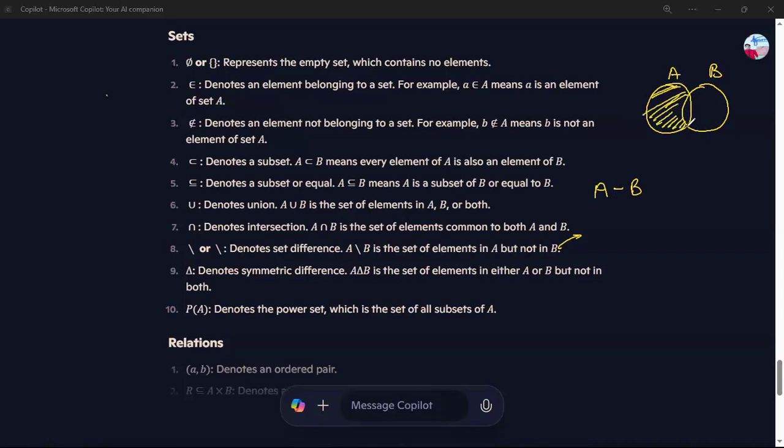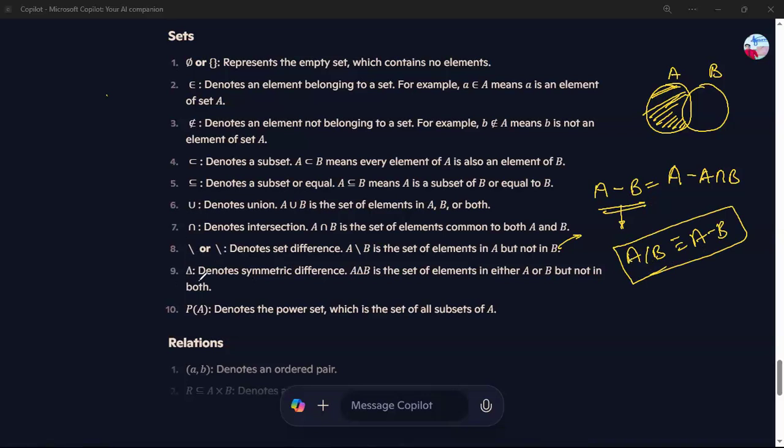This part. Clear? So we can also write it as subtracting the common area between both sets, like this. Okay? Clear? Yes, sir. Now this other representation of the difference between two sets can be written like this. It is equivalent to writing this. This is the only point. Clear? Yes, sir.